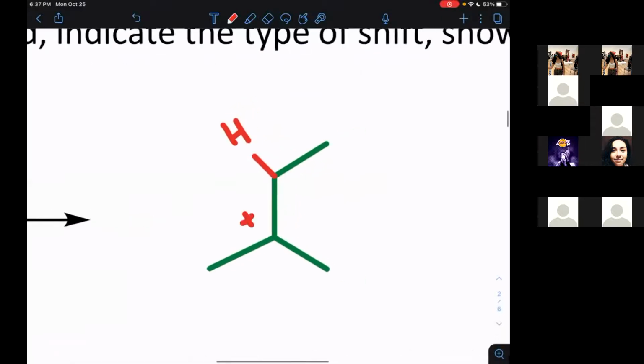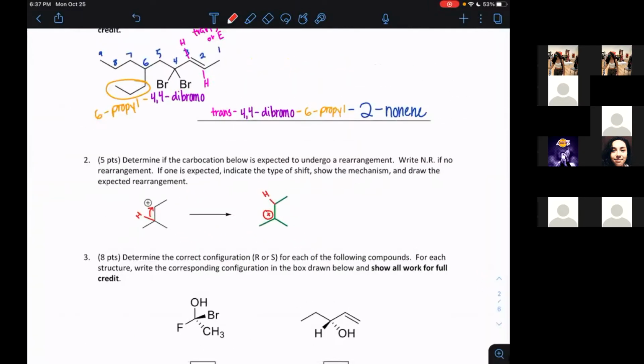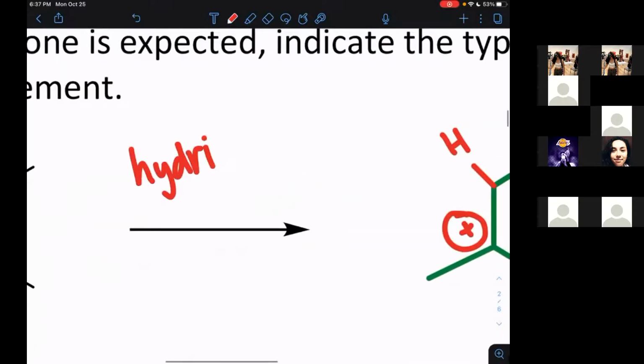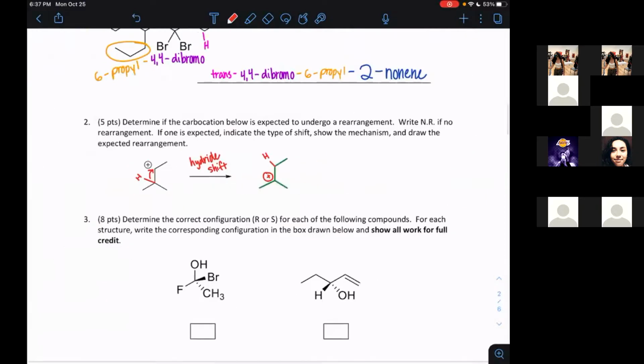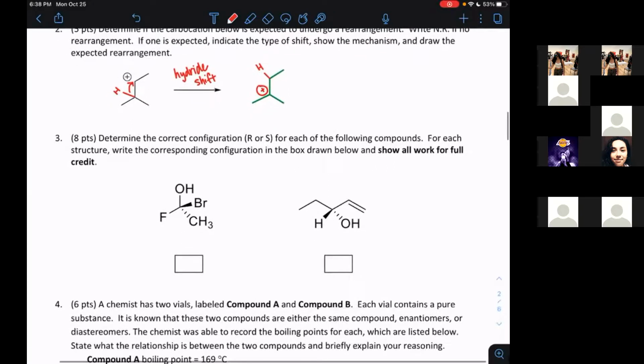And then your positive charge is on that one instead. Then indicate the type, and it was hydride. So that's that one. I think that question is old. I am going to post the notes in the Discord, and I'll also post the recording.